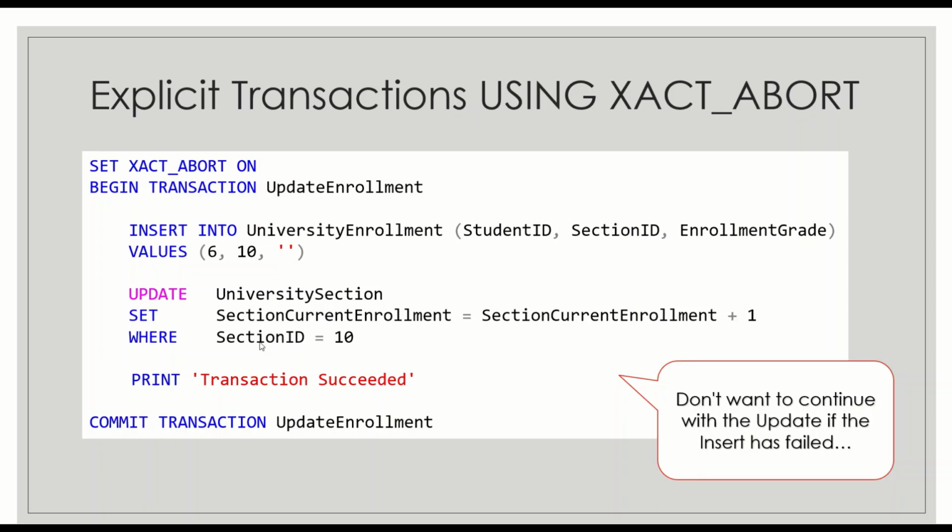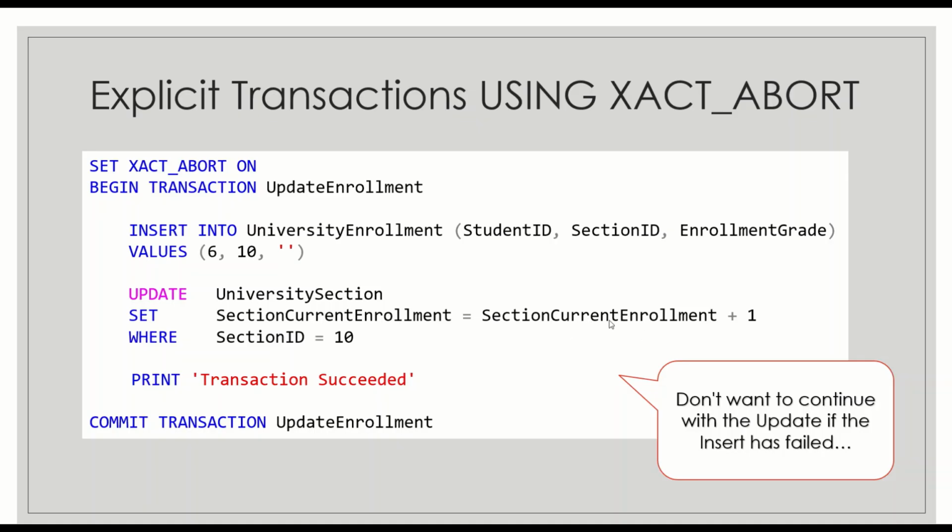Now, what we're going to do in a future class, once we learn a little bit more about transactions and about variables and values in TSQL, our next step would be to make sure that the current enrollment isn't exceeding the maximum enrollment for that class. So let's say, for example, you have 30 seats in your classroom.